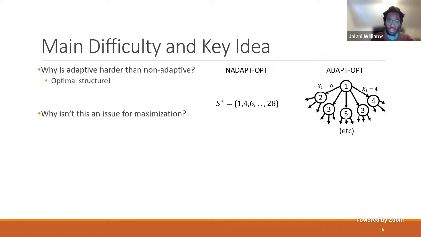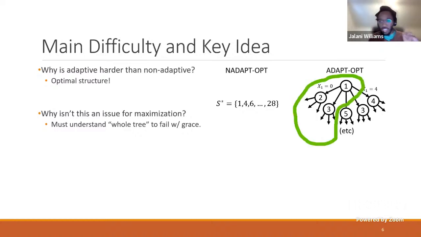And so you might ask, why isn't this an issue for maximization? And that's because in maximization, it seems like you don't need to be as concerned with what's happening in all of the decision tree, because in the failure cases, things happen in a nicer way. So let me be more specific.